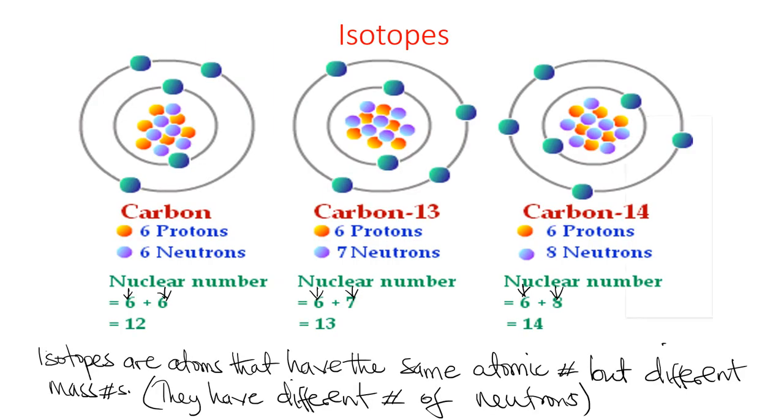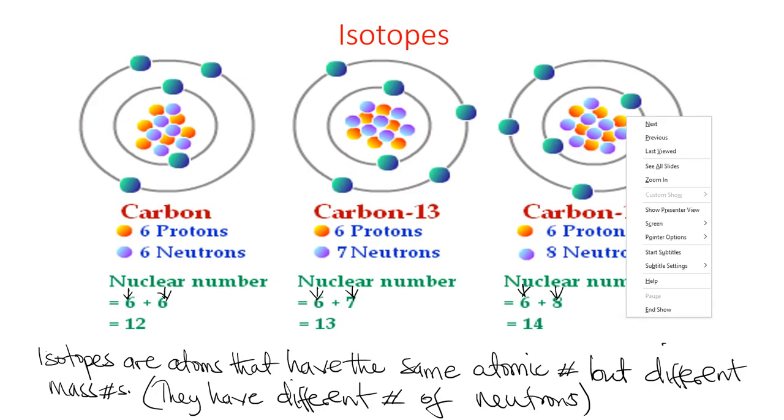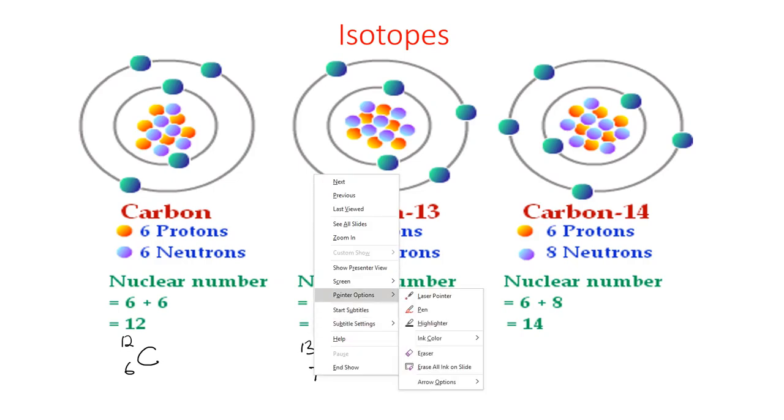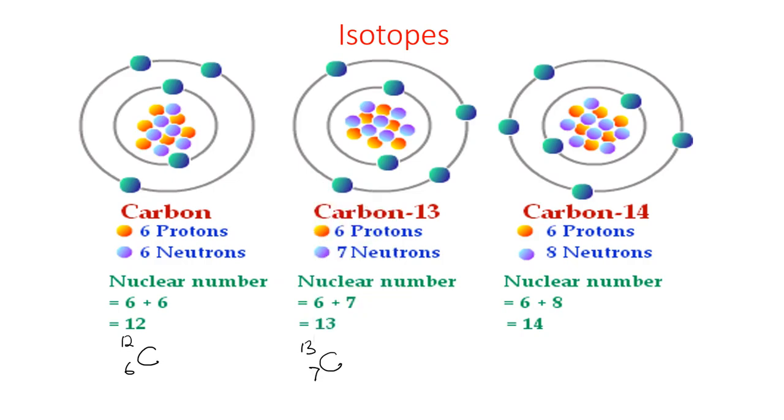Actually, you can show this using the AZX diagrams. So let me just draw the diagrams for these isotopes. So this one, the carbon 12, has an isotope C 12, 6. The carbon 13, let me just erase this part.